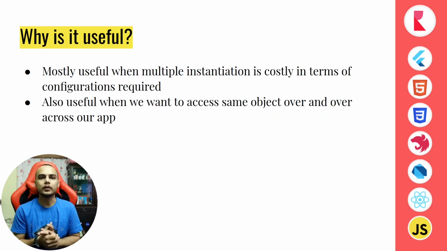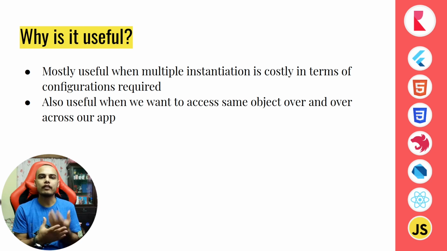Why is it useful? Singleton pattern is not always useful. It is useful in some cases, mostly when multiple instances are quite costly in terms of performance and configurations. For example, we have a database connection object.